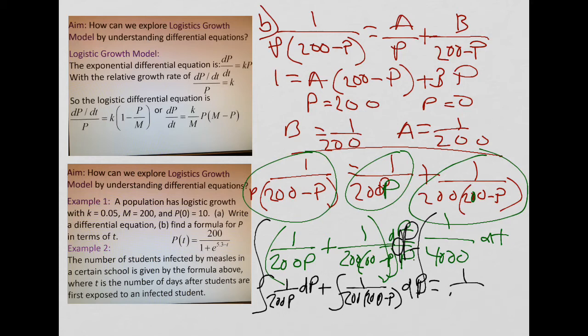And I can take out the constant. Don't forget, you can take out constants. And thank goodness we can easily see how we can integrate this side. Yay! That's 1 over 4,000 t plus c. This side we need a little bit more work. So I'm going to rewrite that and do some work with this. Let me erase this and start working on the left side of our equation.